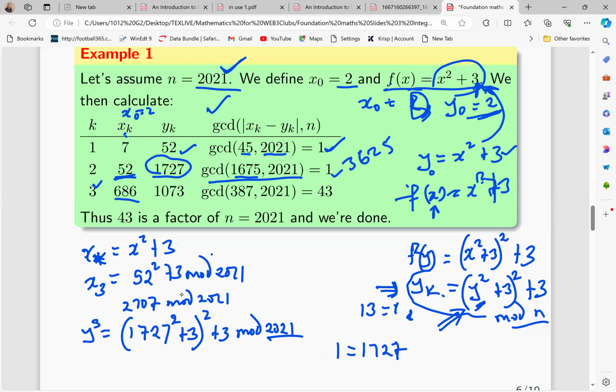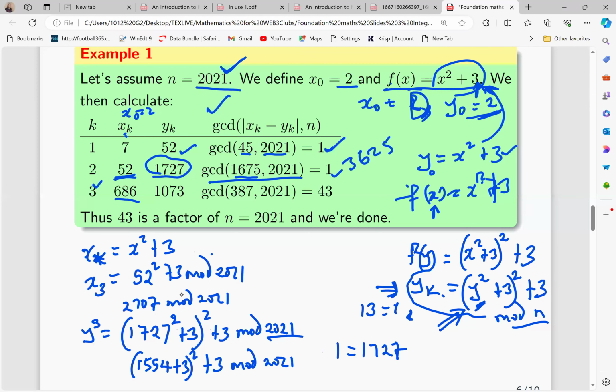The remainder is 1554. I add 3 to it and then square. Then add 3 to the result. Then reduce mod 2021. So 1554 is what I remained with.